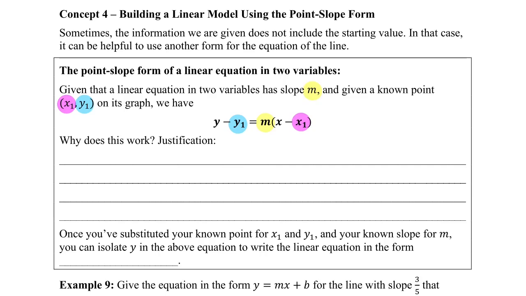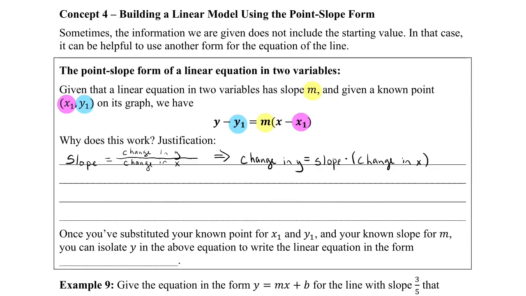Why does this work? Well, remember the slope is the change in y divided by the change in x. So putting that another way, in terms of multiplication instead of division, we can say that the change in y is going to be equal to the slope multiplied by the change in x. But then that's just what this form is.